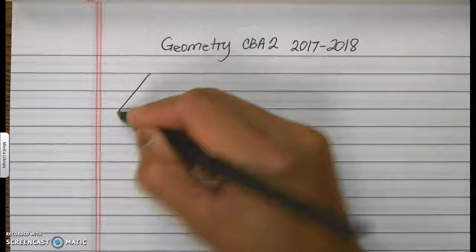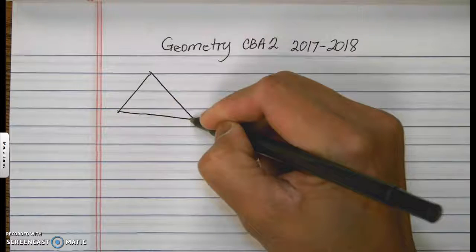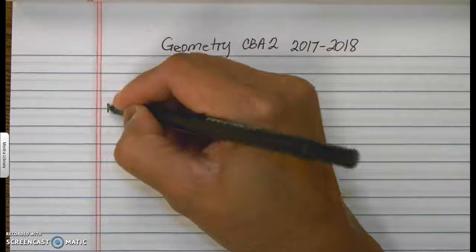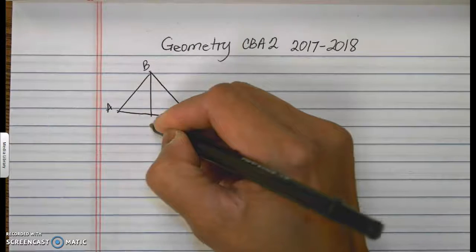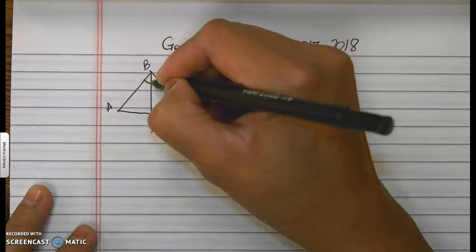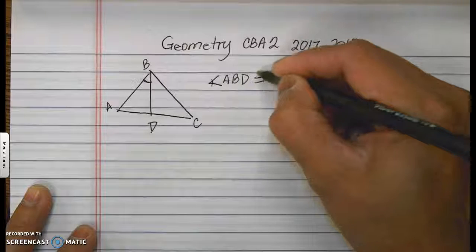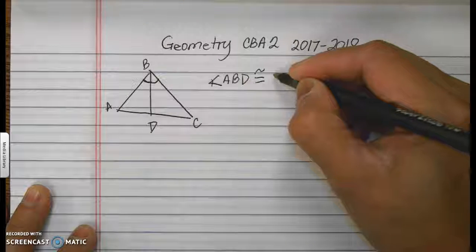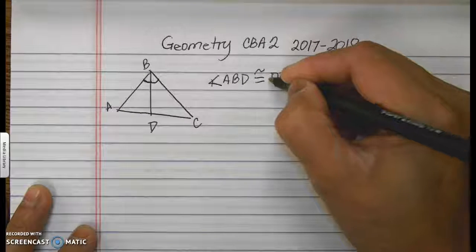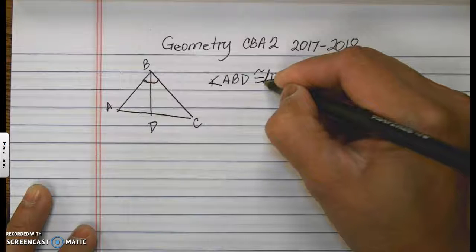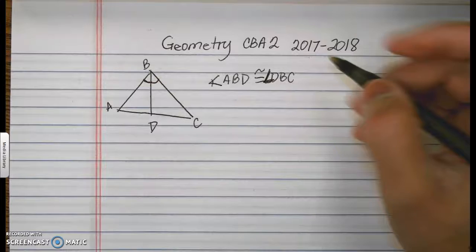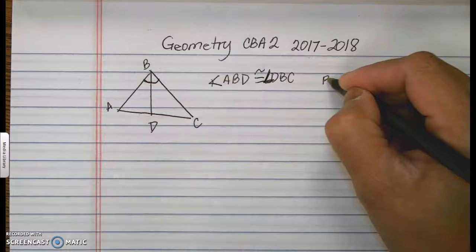Okay, so my first question for the CBA geometry review for 2017, 2018, and that CBA2 is, if you're given a triangle, for example, with vertices A, B, C, and this is D, and I say that angle ABD is congruent to angle DBC, can you tell me what kind of secondary part is line segment BD?